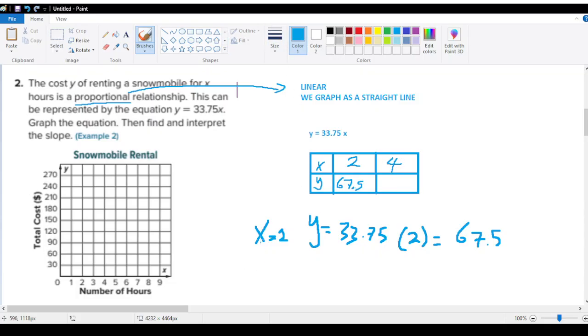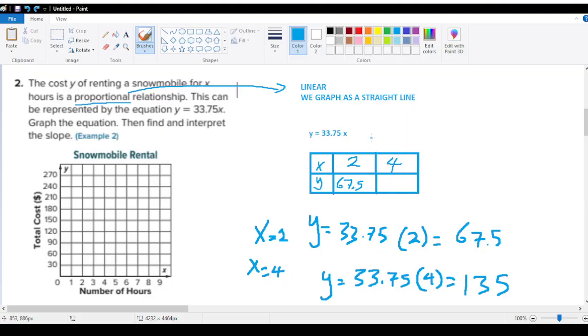So we will replace it now with x equals what, Shamsa? x equals 4. So 33.75 times 4. Let's make sure, just use the calculator, or you can multiply it manually. Yeah, 135.